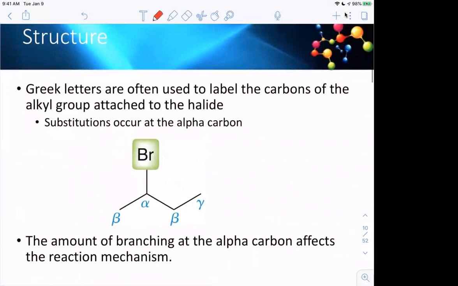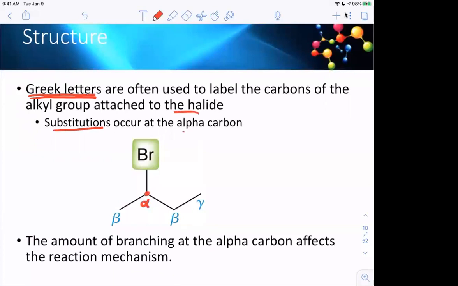There's another sort of nomenclature that I use to designate carbons, and that's with Greek letters. So Greek letters are often used to label the carbons of the alkyl group which is attached to the halide. The carbon that's directly attached is called the alpha carbon, right?